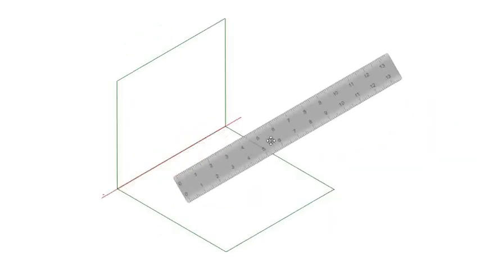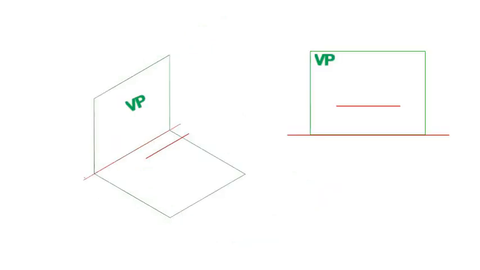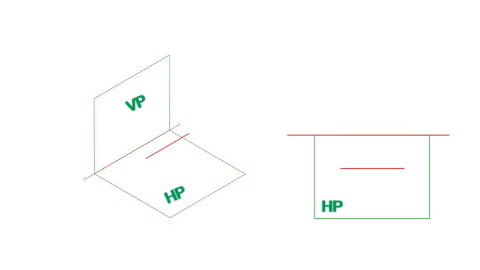Case 1. Line parallel to both HP and VP. Here, the line is not inclined to either plane. So, when we project it, we just drop the perpendiculars from both points P and Q onto HP and VP, in both the front view and top view.